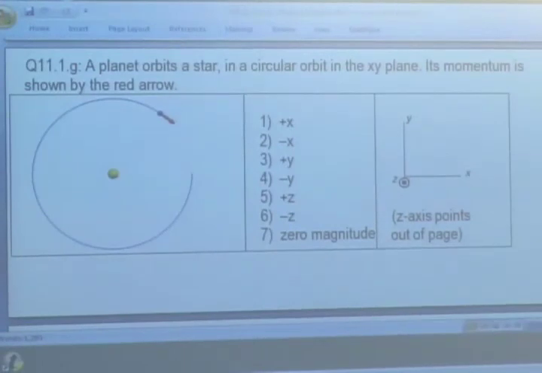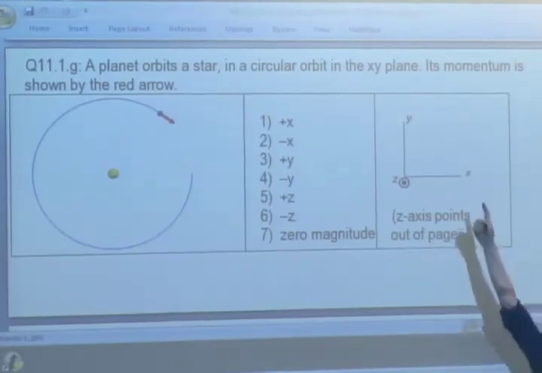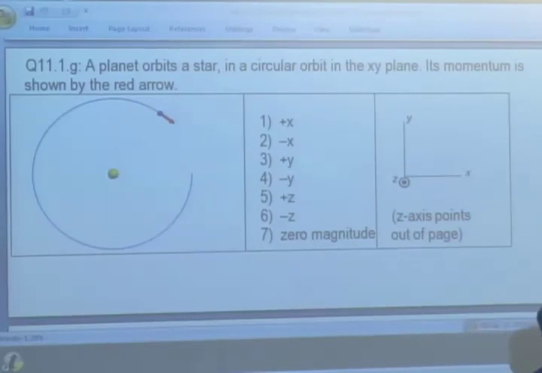Here's a planet going around a star the other way. So what is the direction of its angular momentum? Remember the usual coordinate system: positive x to the right, positive y up, z-axis out toward you.